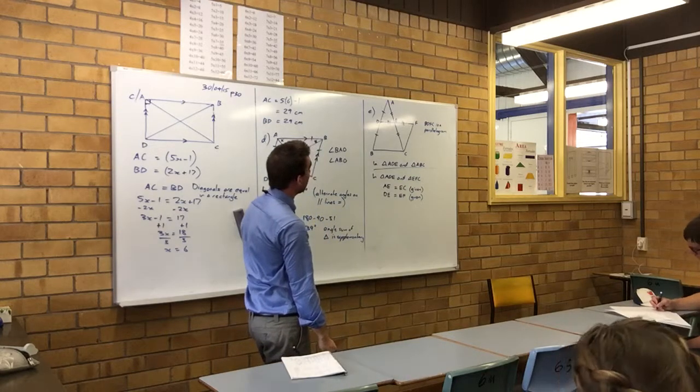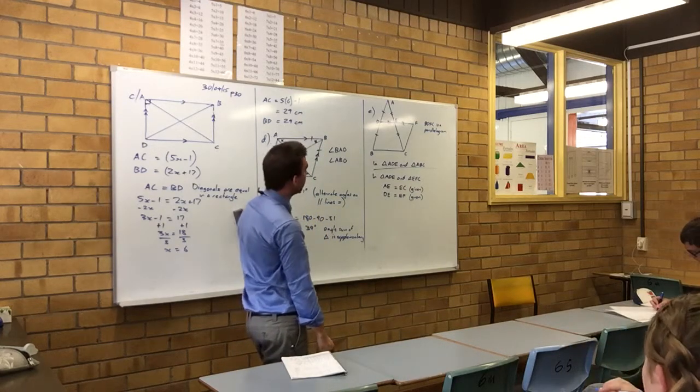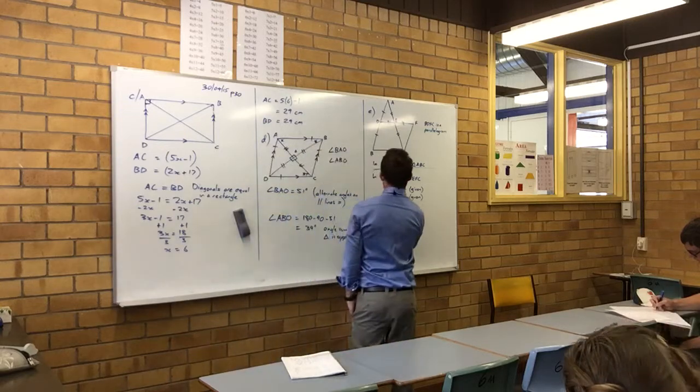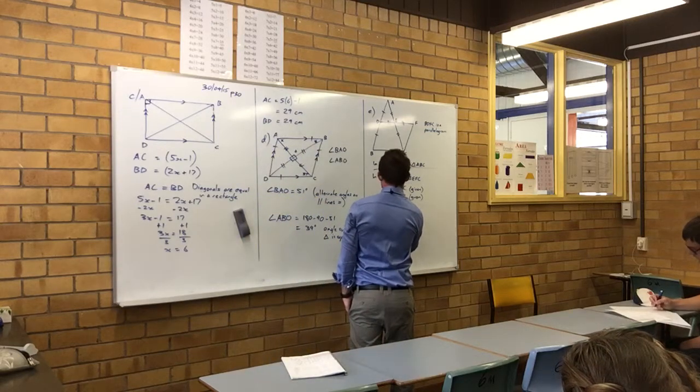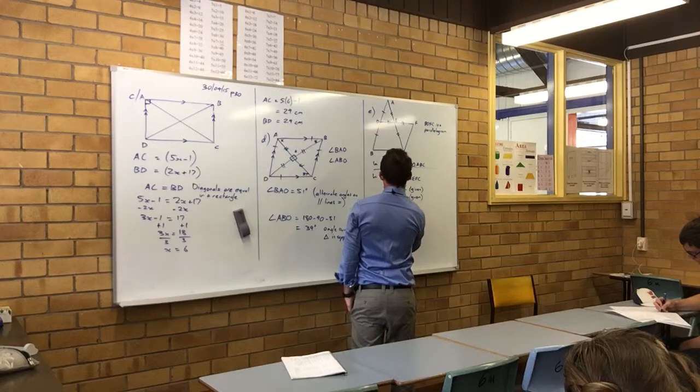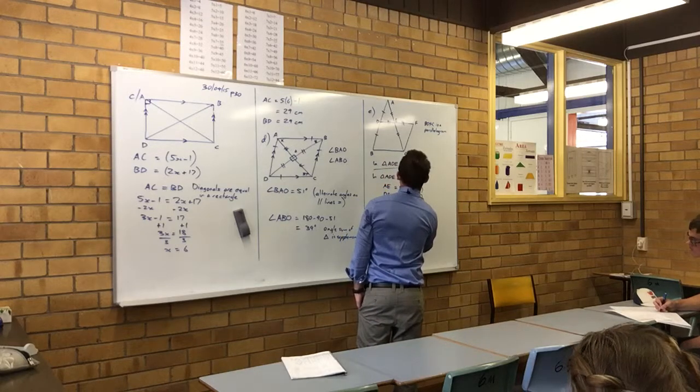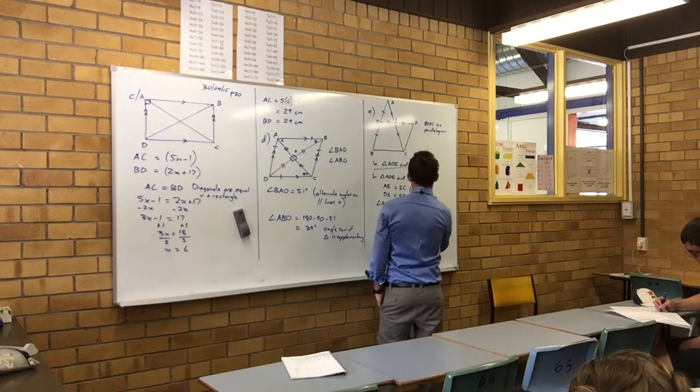And what's the final property I need? Vertically opposite angles. Alright, so angle AED is equal to angle FEC.